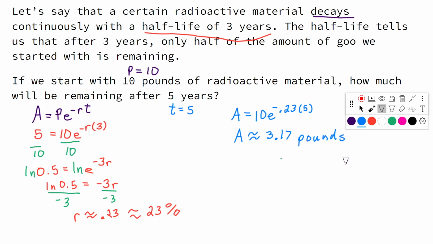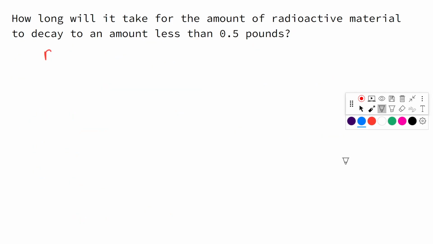Now, to go to that last problem, we're going to be looking for how long it takes to get less than 0.5. So the r value that we found with the previous problem of 0.23, oops, let's write that again, 0.23. We had a P value of 10. We don't know what time is.